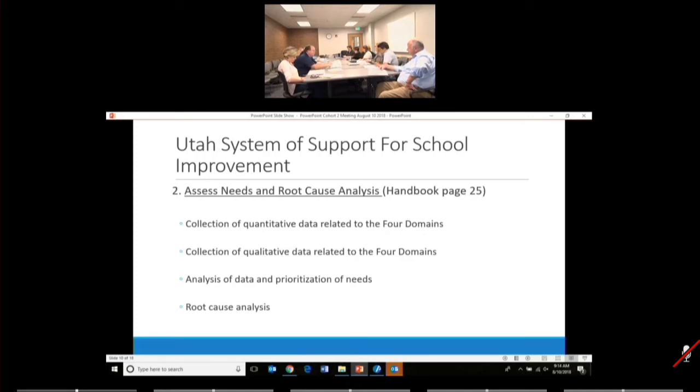Okay, the next step is where you are, our 5 schools. You've conducted your RFPs, you've contracted with your school turnaround partner, and now it's this process of plan development based on the needs assessment and root cause analysis.